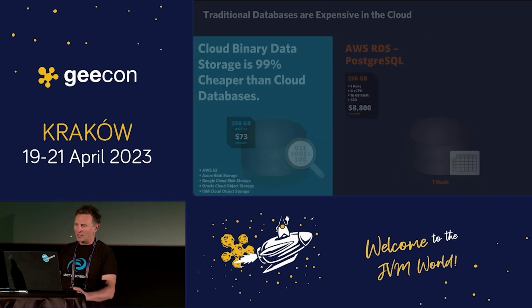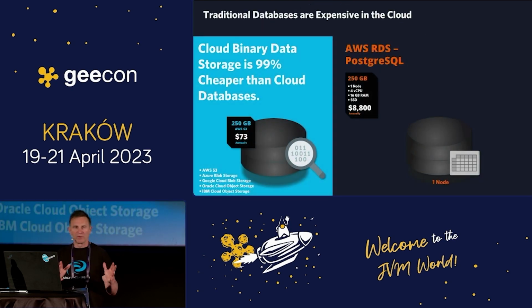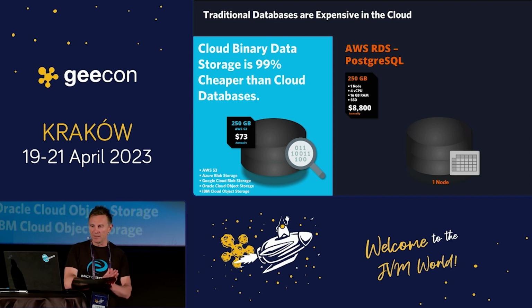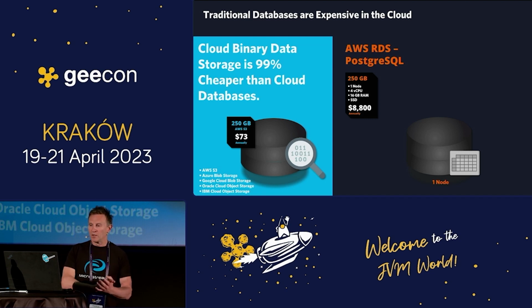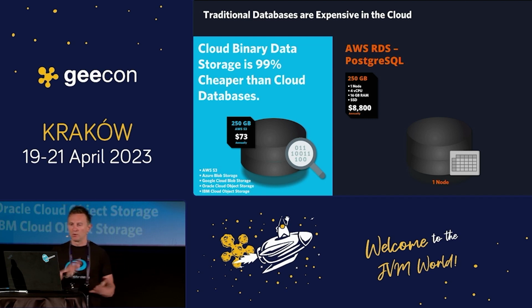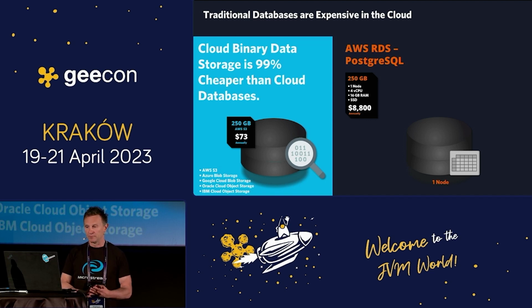What about the costs? This is super interesting because databases in the cloud are expensive. Why? Let's assume we need a PostgreSQL as a service, 250 gigabyte, okay? One node, 4 CPU, 16 gigabyte memory costs you around $8,000 per year.